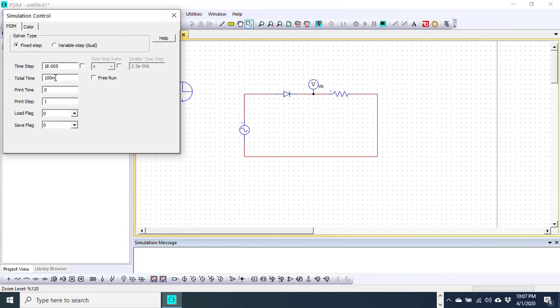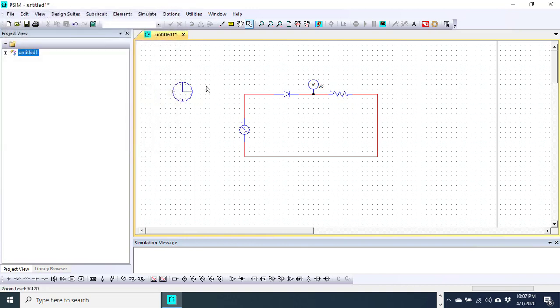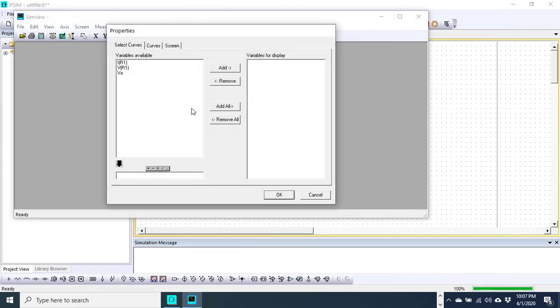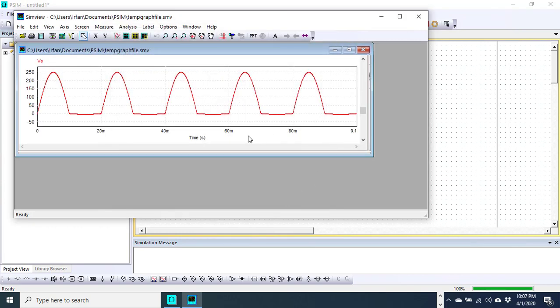So I have adjusted 100 milliseconds, and then I have to press the start button. Now as you can see, these are the properties that I want to monitor. So I want to monitor the V out of our system. So I have added this over here. Now you can see that half wave rectification has been done.